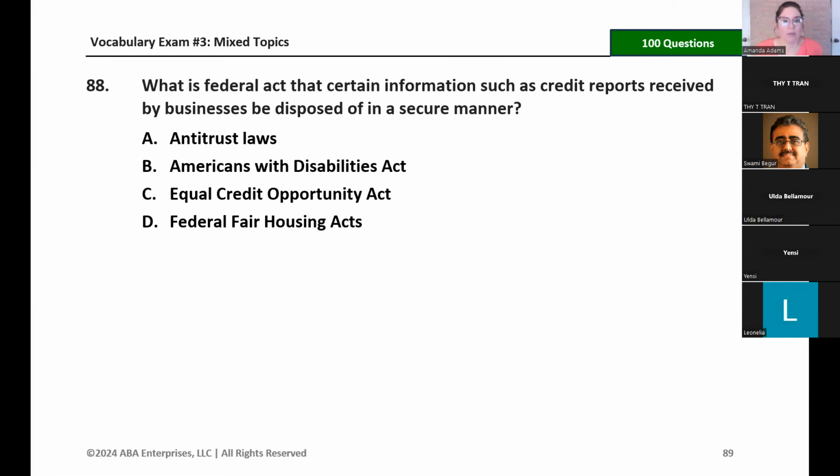What federal act requires, I'm missing a verb there, requires that certain information such as credit reports received by businesses be disposed of in a secure manner? That is C, the Equal Credit Opportunity Act.